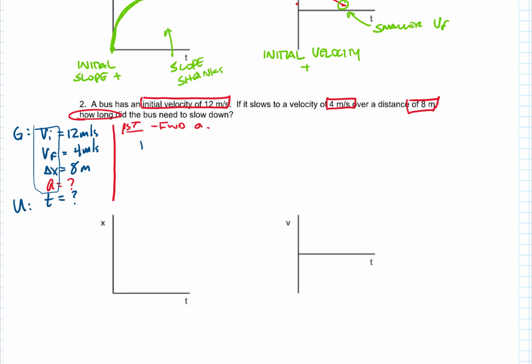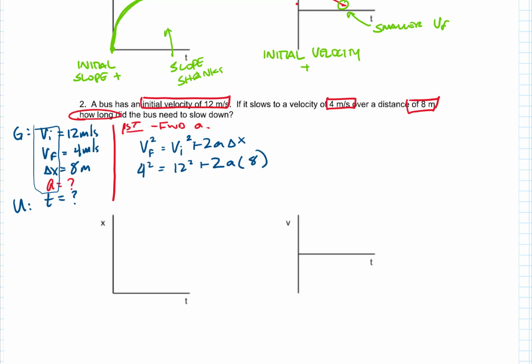So to find the acceleration, v final squared is equal to v initial squared plus 2a delta x. So if we plug in our numbers, we have 4 squared is equal to 12 squared plus 2a times 8.